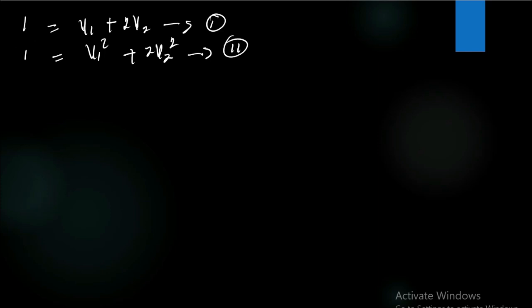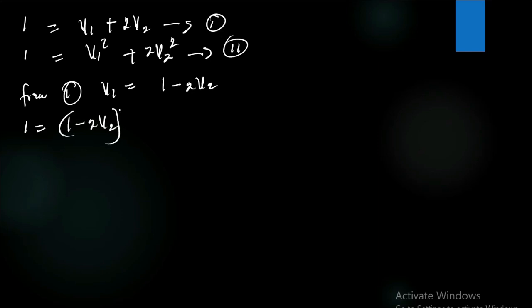I can make v1 the subject of the formula in equation 1. So from equation 1, my v1 will be equal to 1 minus 2 v2. Substitute that in equation 2, so that 1 equals 1 minus 2 v2 all squared plus 2 v2 squared.